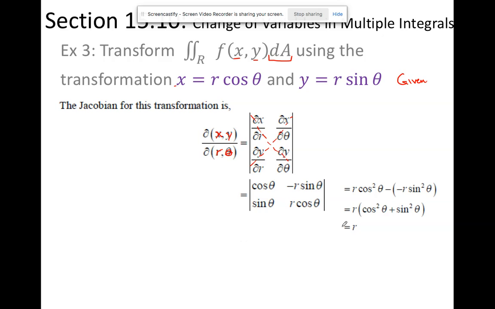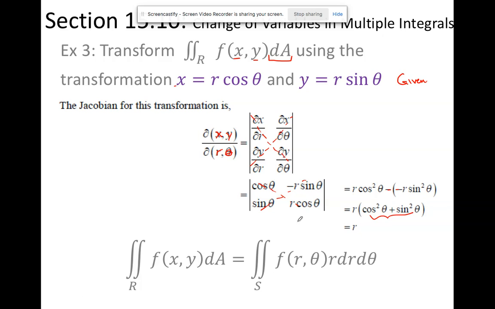OMG. See what we get there? Right, that's going to be negative is a plus. Factor out the r. Cosine squared plus sine squared is equal to 1. What?